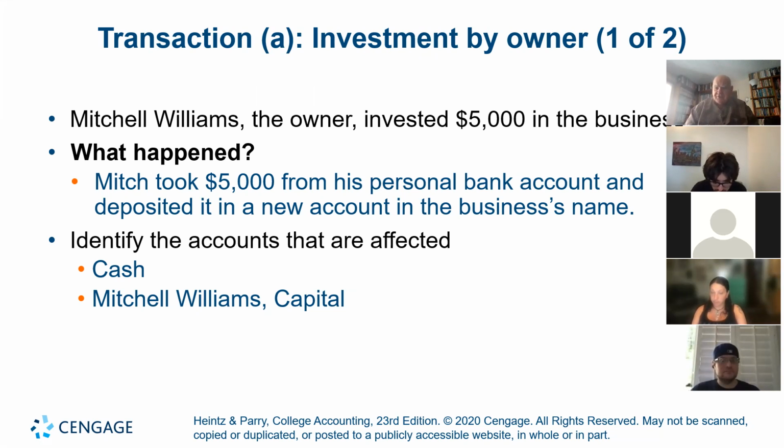And all transactions must have two accounts, minimum. So what are the two accounts involved here? Well, he put money in the business, so that's cash. And that must mean the business is worth $5,000. That's all he has. He has no liabilities yet.